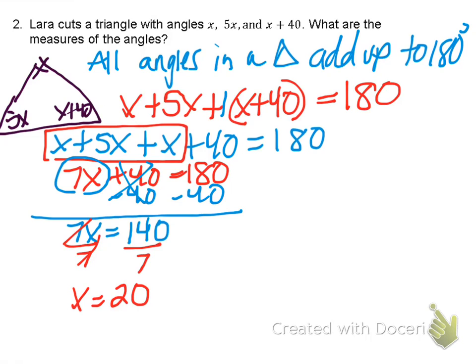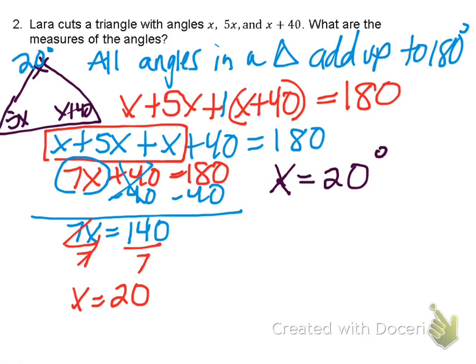Now the question is, what are the measures of the angles? So the first angle is just x. And we already found out that that's 20. So that angle is 20 degrees. It's this angle.